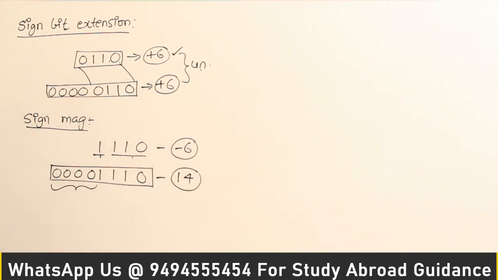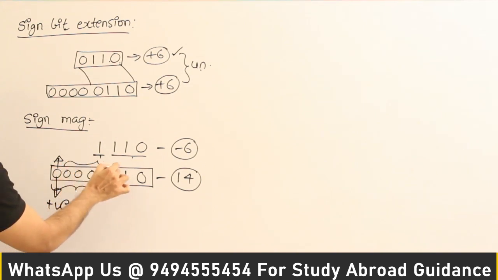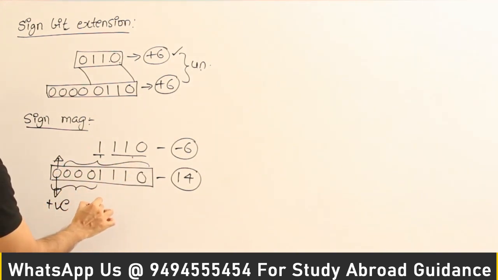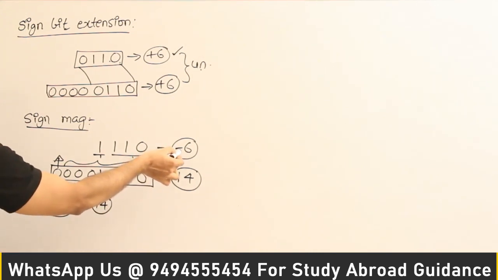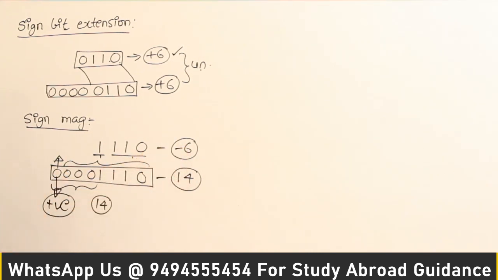Why did this happen? Because the most significant digit always represents the sign in sign magnitude. Therefore the sign is saying it is a positive number, and the remaining bits are saying that the magnitude is 14. So it turns out to be plus 14, but the actual number should be minus 6.